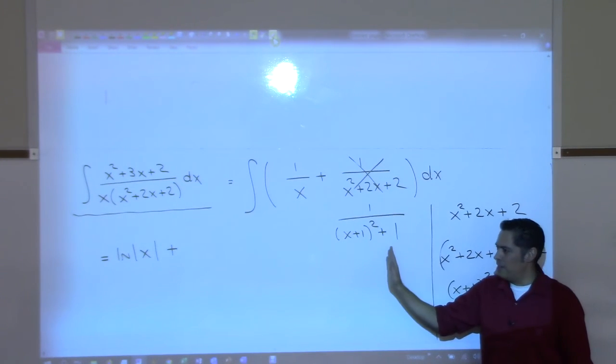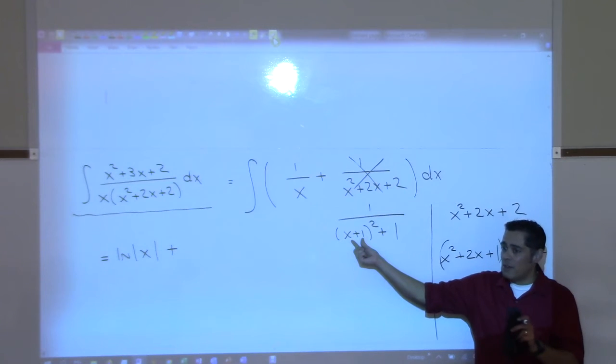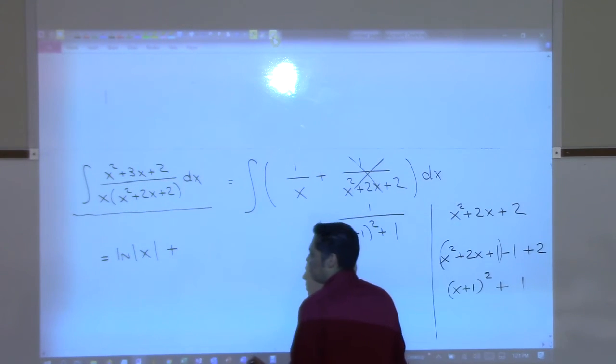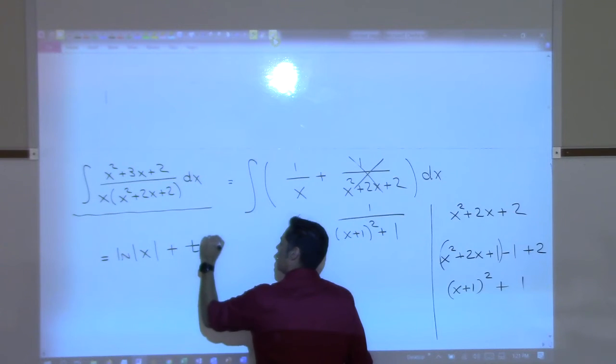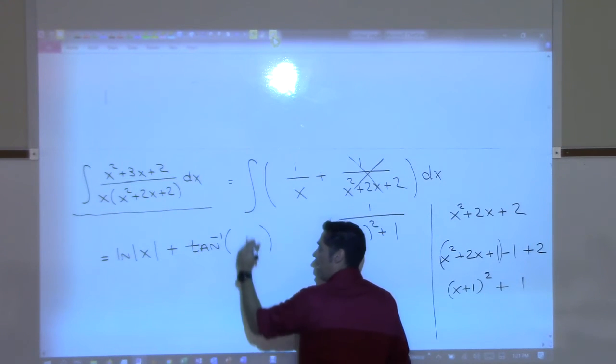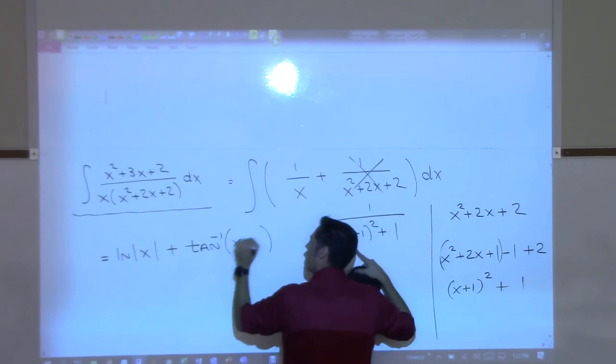And so we know it's arctan, right? A here for us is 1, and the u is actually linear. We need it to be linear. It is linear. So I think we can just go right to the formula, right? 1 over a, which is 1, but a is 1, so just arctan of u over a. U is the linear expression, but a is 1, so it's just this plus c.